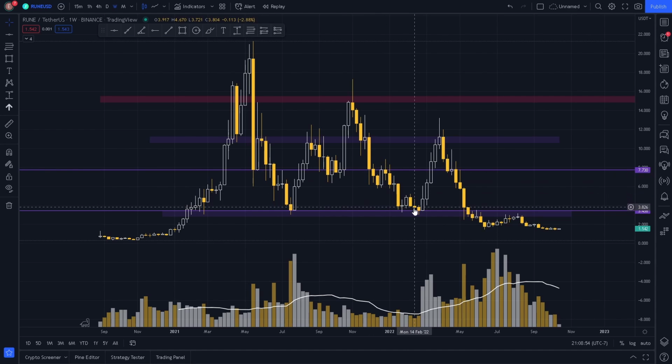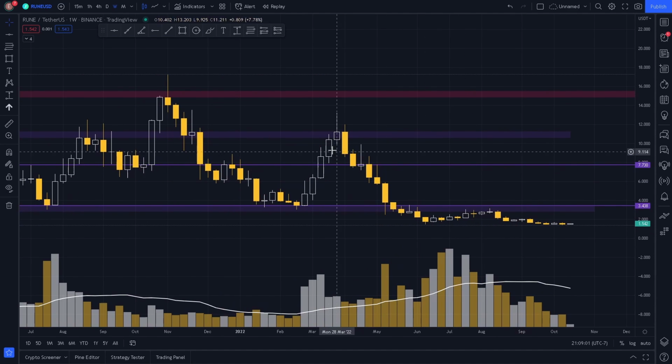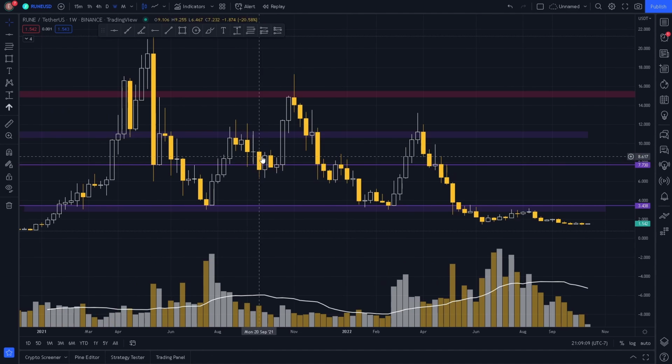As price comes down and comes back up, we see another reaction to the same key level here. Always keeping in mind that price can stall at a level and break right through. So we always want confirmation, like here with this bullish momentum candle.